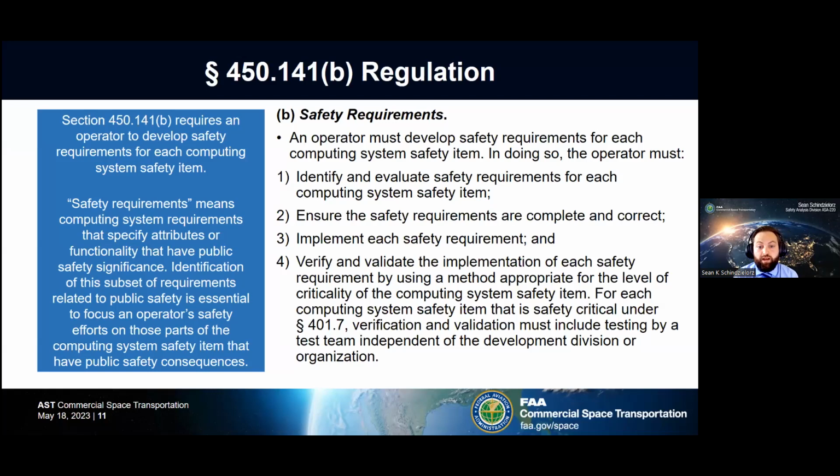It's a term that allows us to separate requirements for, say, user interface color choices or cosmetic details from safety requirements for things like fault detection and recovery. This is another aspect of the rule that's meant to help scope the applicant's submittal to exactly what is public safety related. And we'll discuss each of the 4 requirements in 141B in subsequent slides. Next chart.